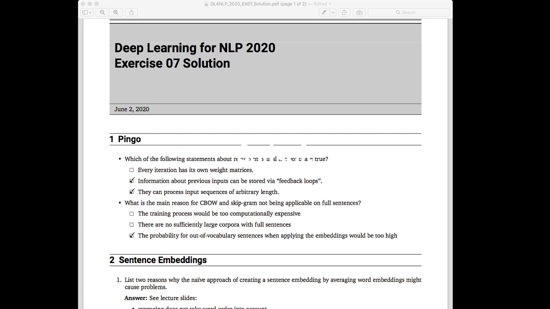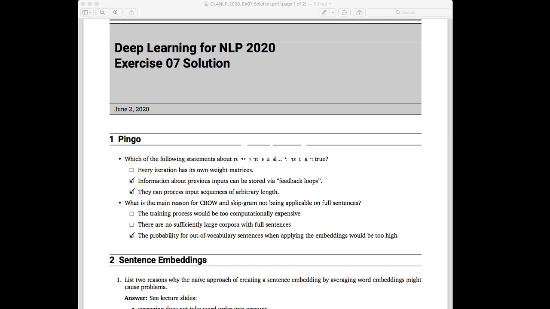The second is correct because a recurrent neural model is basically a single module which is unrolled in time.